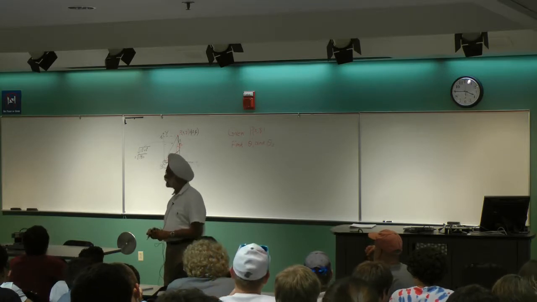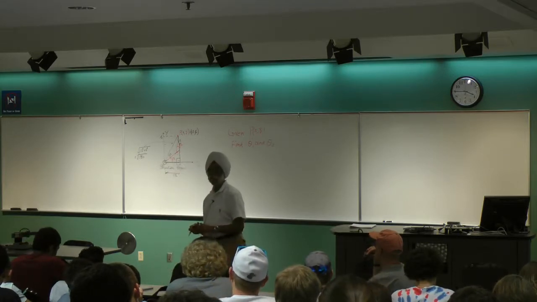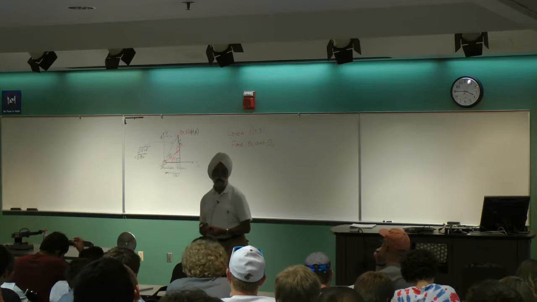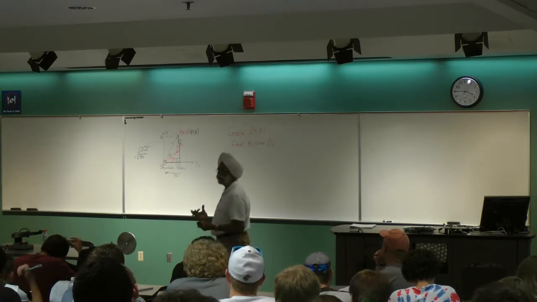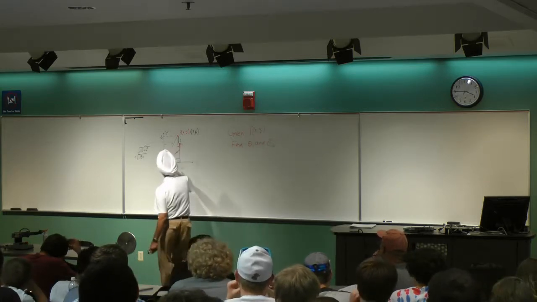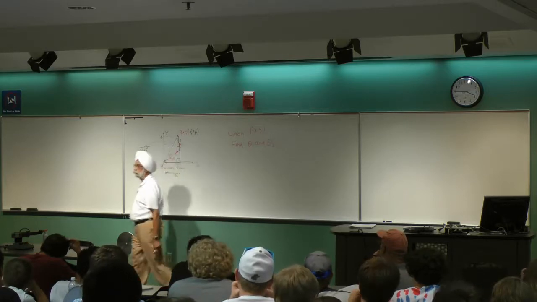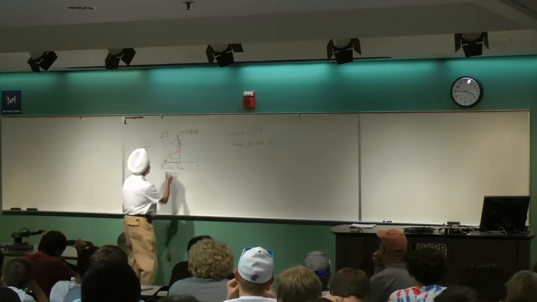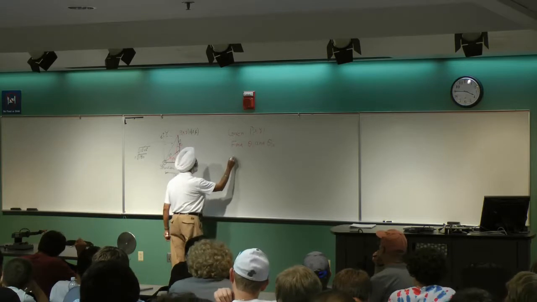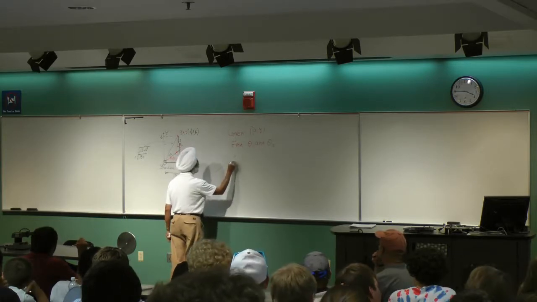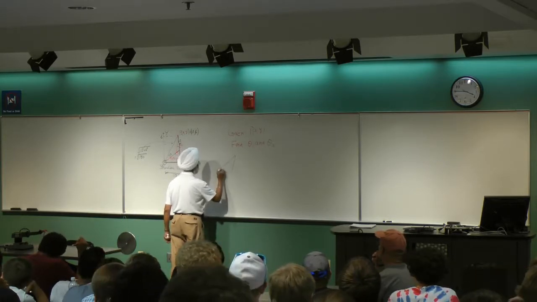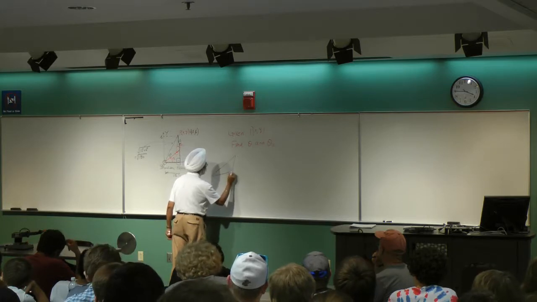What do I do with that? What do I do now? My idea is to find this angle and that angle. So let me redraw here. I have this, I have that, and I have that, right?